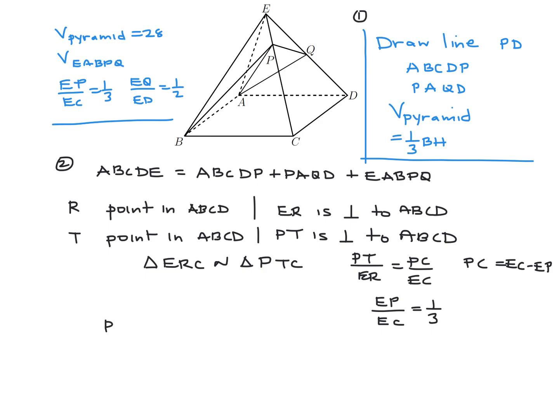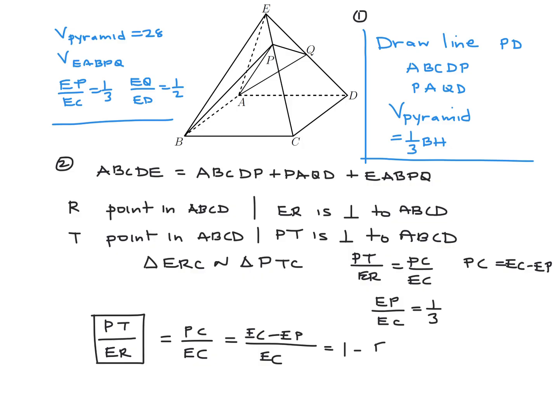And therefore we have PT over ER, which is very important, will be PC over EC, and that is EC minus EP over EC, which is 1 minus EP over EC, which is 1 minus 1/3, which is 2/3. So let's just put that over here, 2/3.